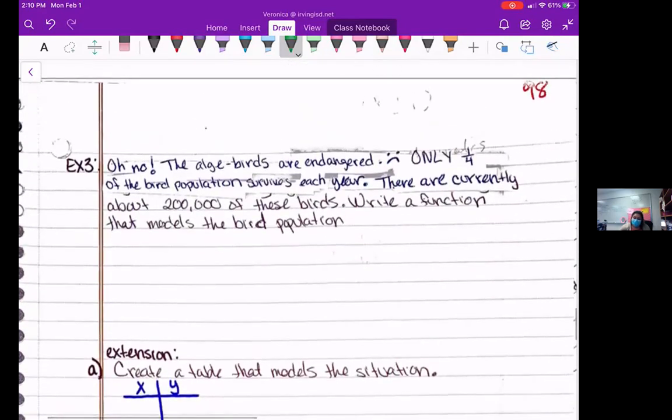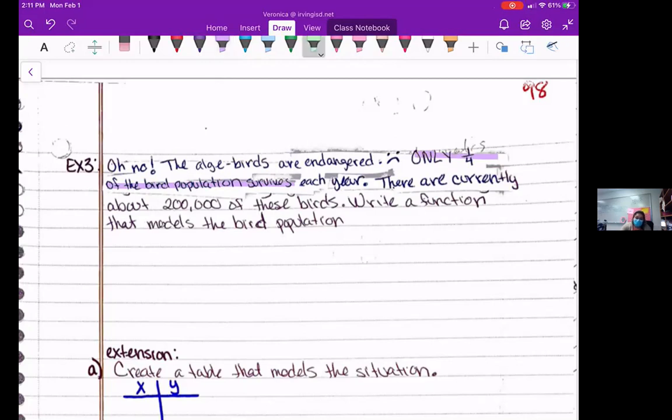How do I know that's my factor? Oh no, the algebirds are endangered. Only 1/4 of the bird population survives each year. That means that you have 100% of your population and you're multiplying that by 1/4. So it's already giving you how many are surviving, how many are left over. There are currently about 200,000 of these birds.